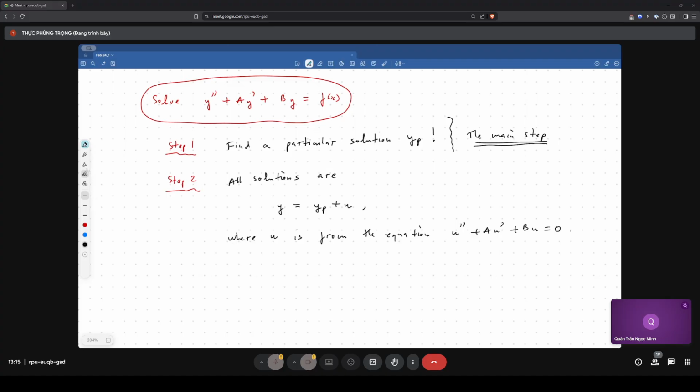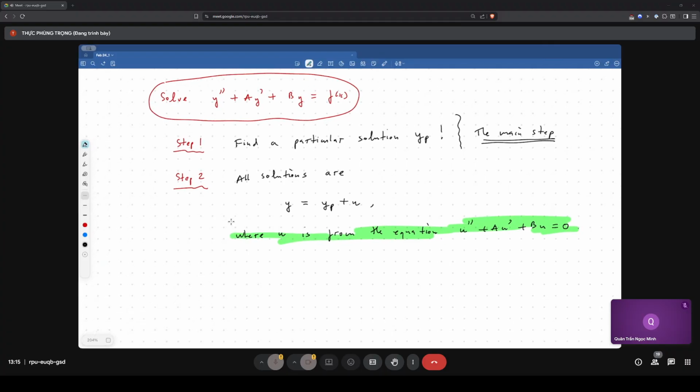And for this one, you already knew how to find, right? Yeah, so that's the whole thing we have for non-homogeneous equations. The main step is to get a particular solution. After you have a particular solution, you get all solutions. You just add that particular solution to all solutions of the corresponding homogeneous equation.